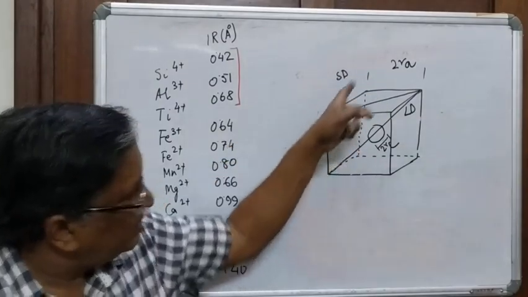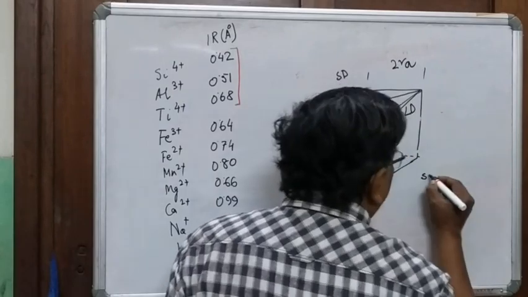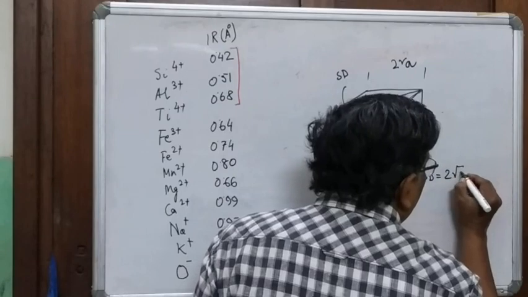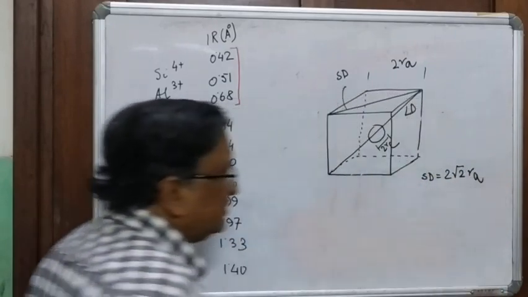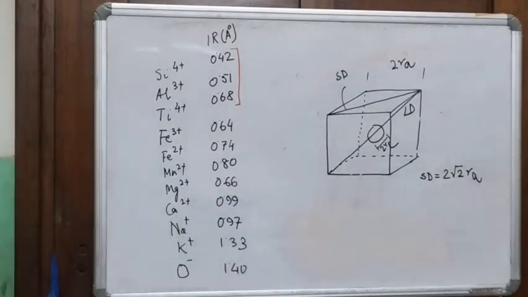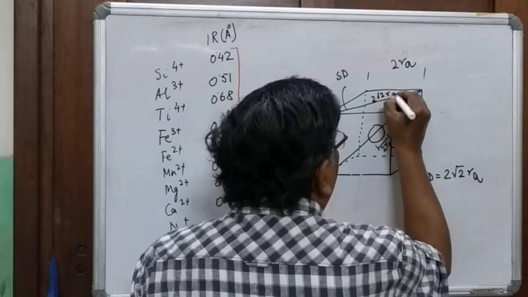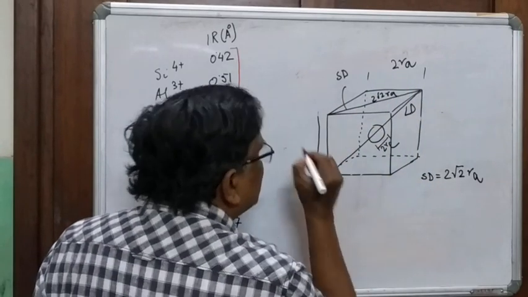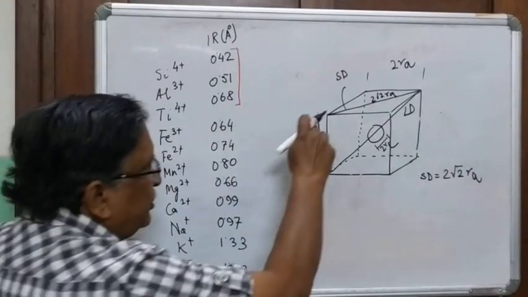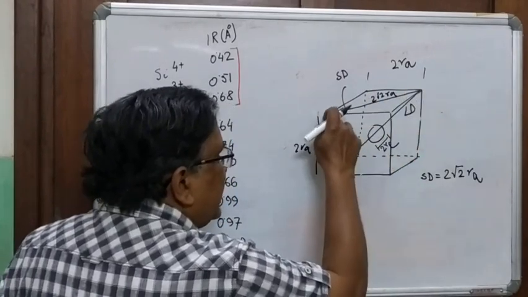Right? So now we find out what is the short diagonal distance. We found out just before: 2 root 2 Ra, just like a square. So this is 2 root 2 Ra, and this is 2Ra. Now you look at this triangle, this face, this is 90 degrees.